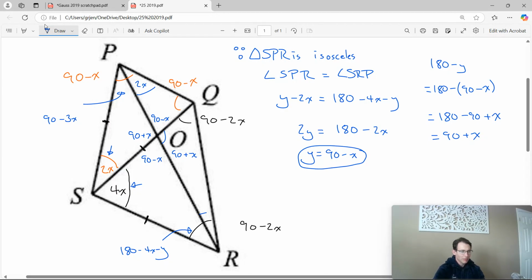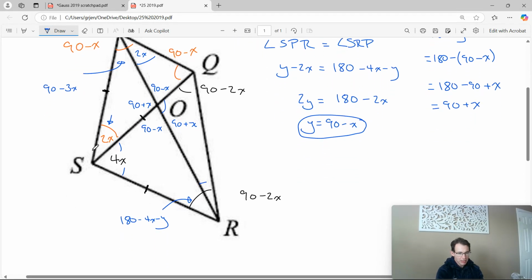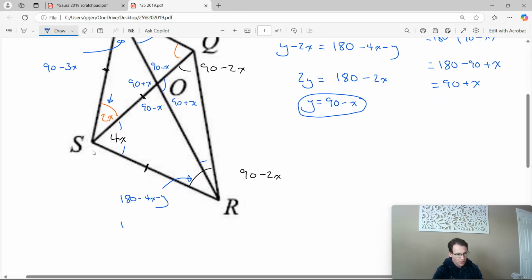This one we had 180 minus 4x minus y, and we could now just calculate it in terms of x based on these two angles. But we're not going to. We're just going to substitute in y for 90 minus x. So that's 180 minus 4x minus (90 minus x). Always substitute into brackets. This works out to be 90 minus 3x, because minus a minus is a plus.